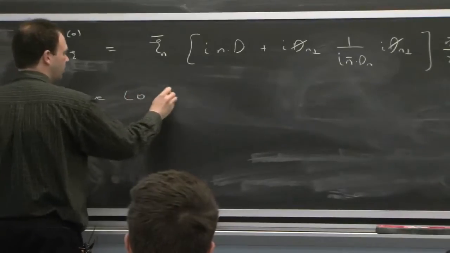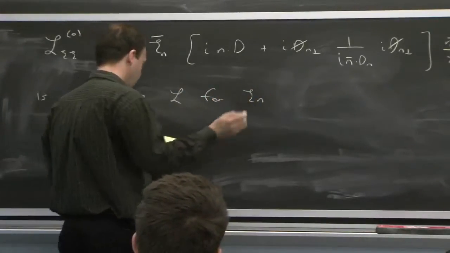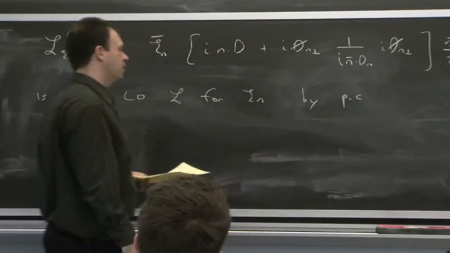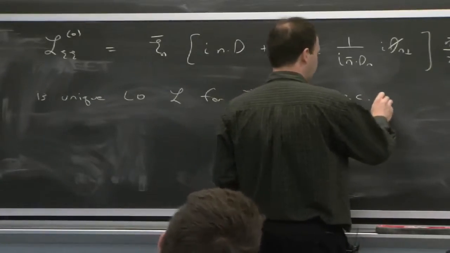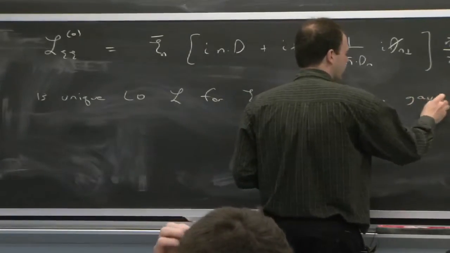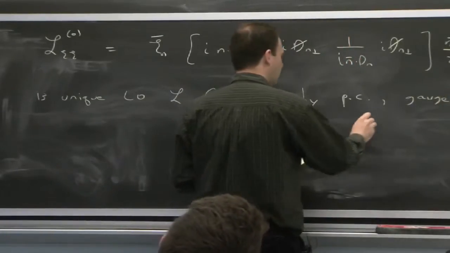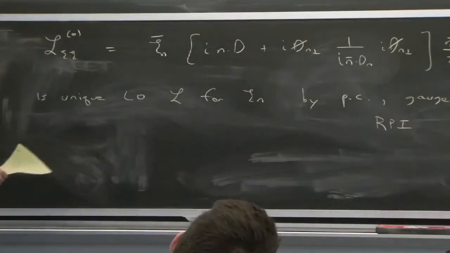So it's the unique leading order Lagrangian for the CN field. And the things that we've used here are power counting in order to say that the terms here should be lambda to the 4th. That's what leading order meant. Gauge invariance to make these covariant derivatives of appropriate types. And now also reparameterization symmetries.